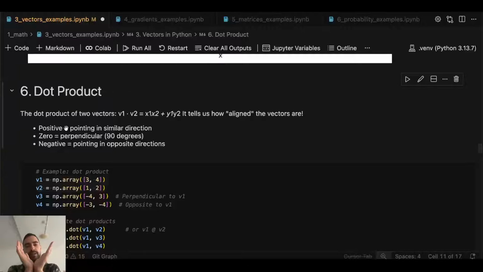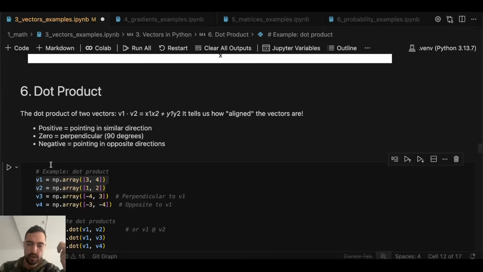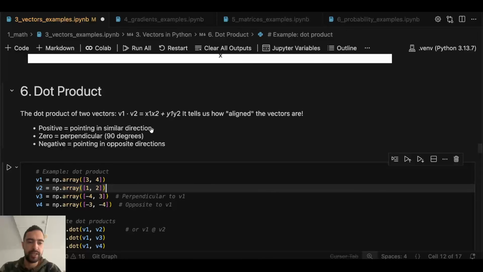I'm going to talk about this in a different part of the course. So just know that if vectors are 90 degrees from each other, they will have dot product 0, and if you have dot product 0, that means the vectors are 90 degrees apart. And if the dot product is negative, then the vectors are even further apart than 90 degrees, so they are even more different or dissimilar.